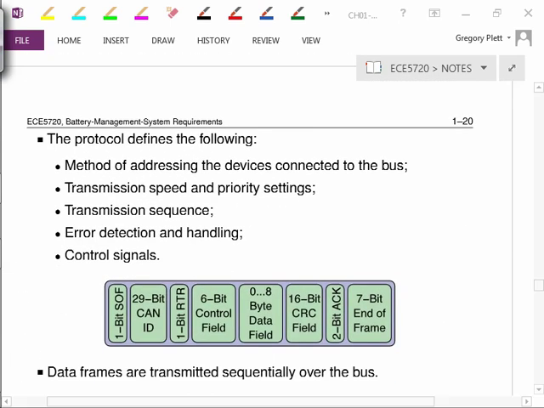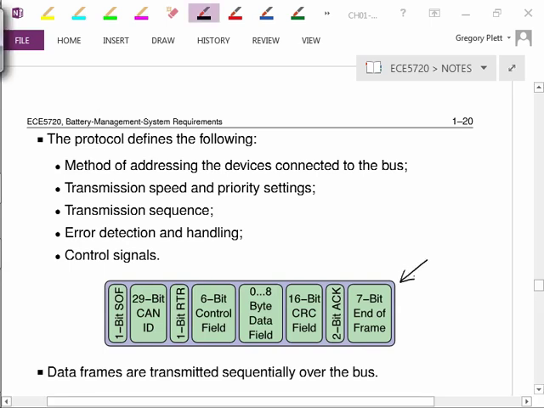The protocol is a series of bits, and it defines how to address different devices on the same shared bus, the transmission speed and the priorities, the sequences, the error detection and handling, the control signals.